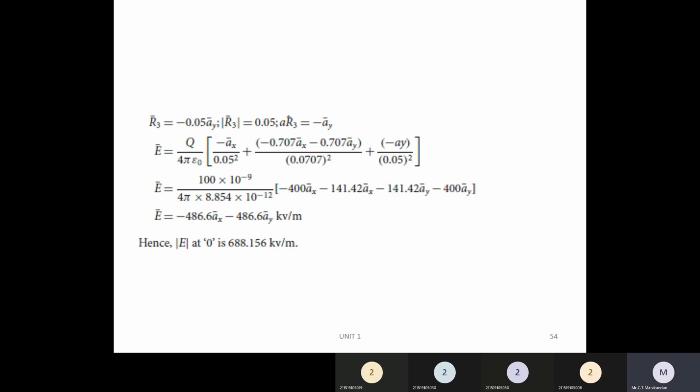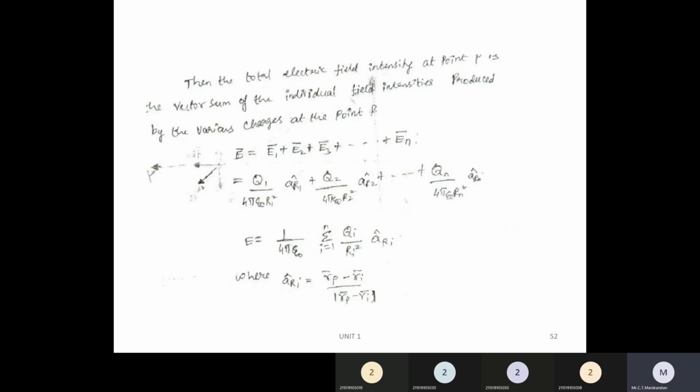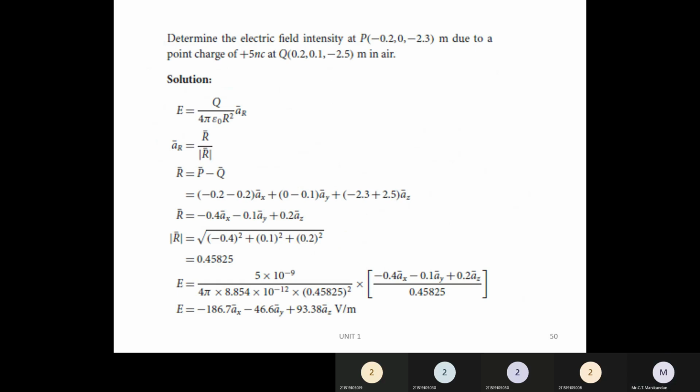It is the same concept as you have done for the normal electric field.